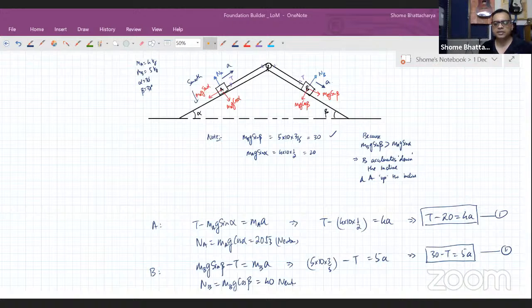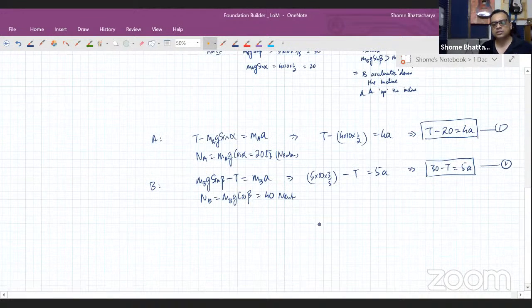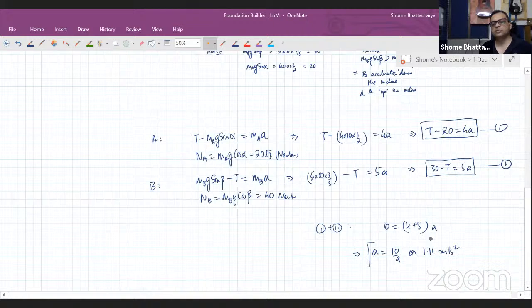Yes, that's correct. 10 by 9 is the correct answer, or 1.11. So you can add the two equations, and you will get 10 is equal to this. So this becomes your final answer.